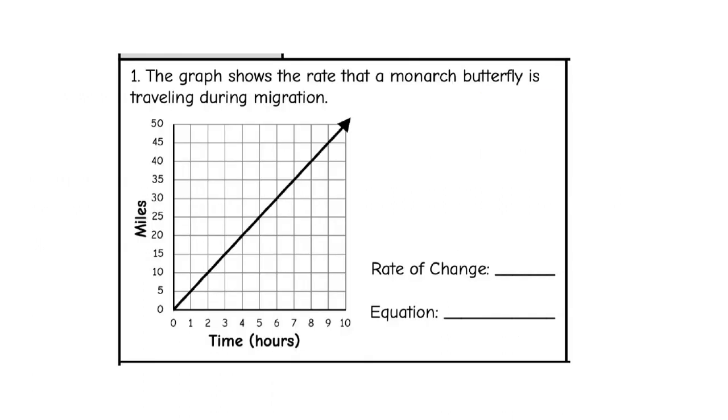Okay, so let's look at this example here. The graph shows the rate that a monarch butterfly is traveling during migration. So where am I going to get these x and y values from? Look at this graph. These are positive here and positive here.